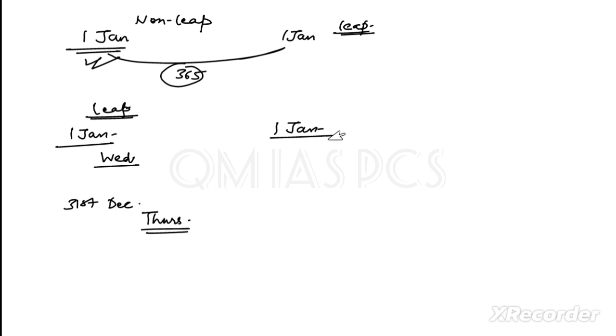And 1st January for the next year will be Friday. That means 2 days extra. That's why after Wednesday, Thursday, then Friday, 2 days extra. Okay, got it? Fine.